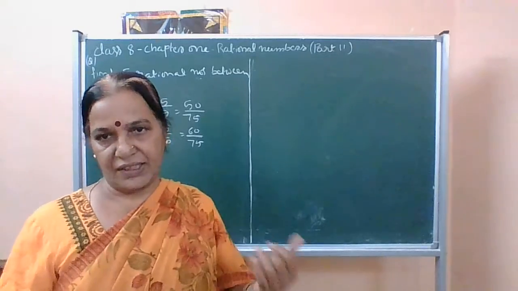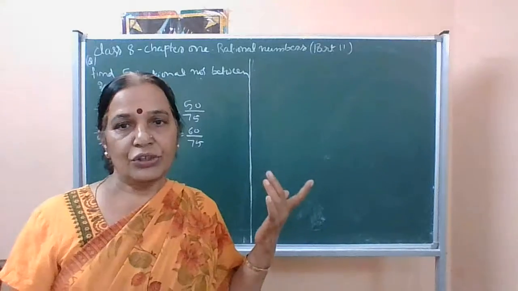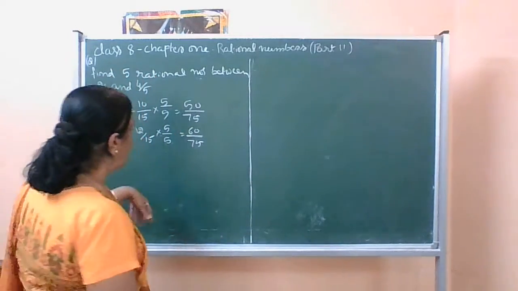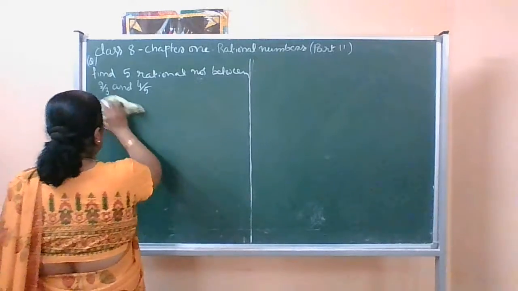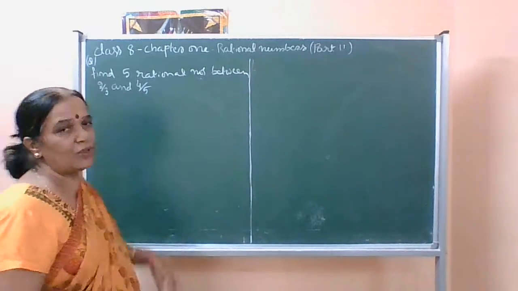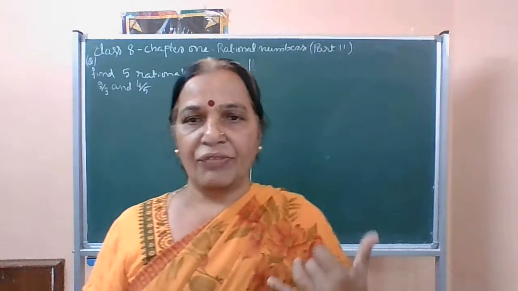This is a very easy method, and you can find the answer within 2 steps. But there is one more method, that is adding these two rational numbers and dividing by 2.